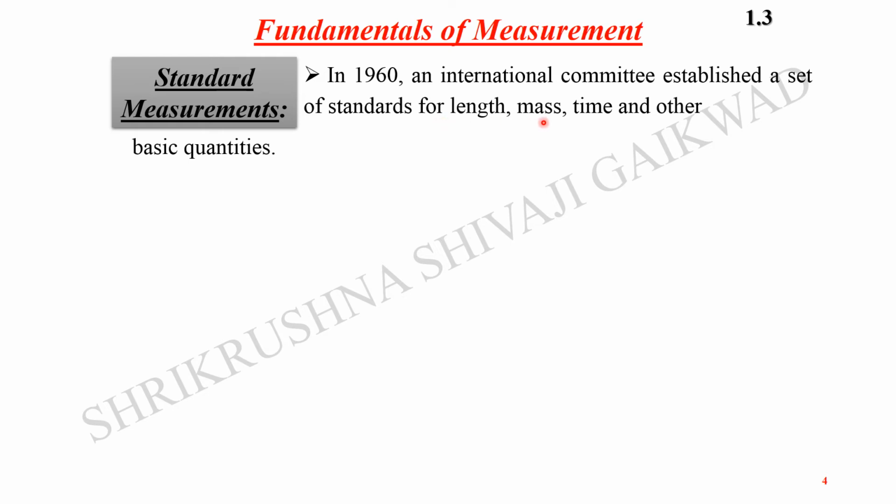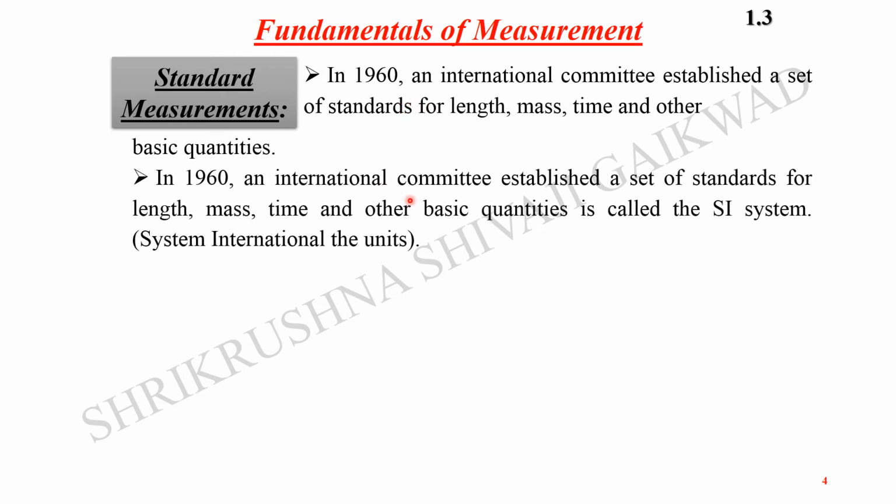So the scientists came together, had a meeting in 1960, and came to the conclusion that they could decide particular standards for length, mass, time, and the other fundamental or basic quantities. What they decided in this committee is called the SI system, or the System International of units.